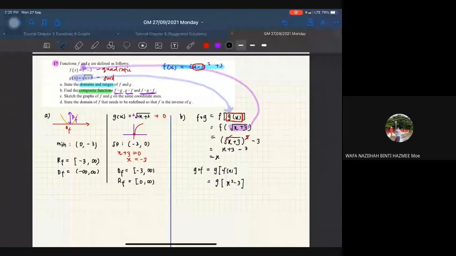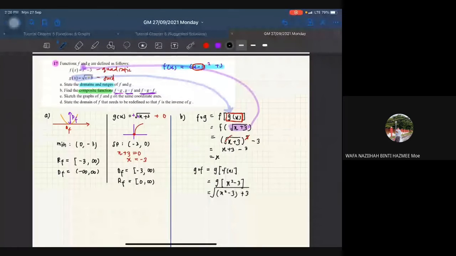Okay, so now we will substitute our input for the x of g. So our function g is surd x plus 3. So now x has become x square minus 3. Like that. Okay, and then plus 3. And then don't forget your surd outside.